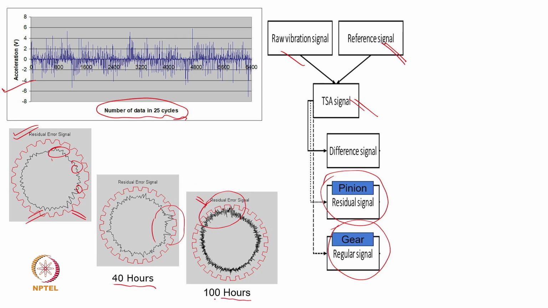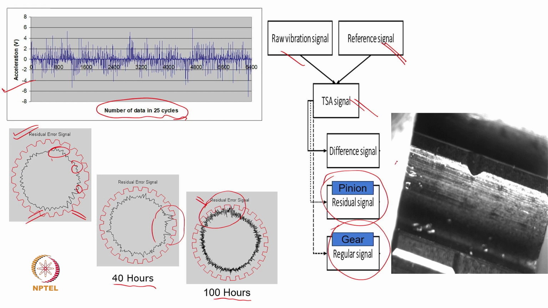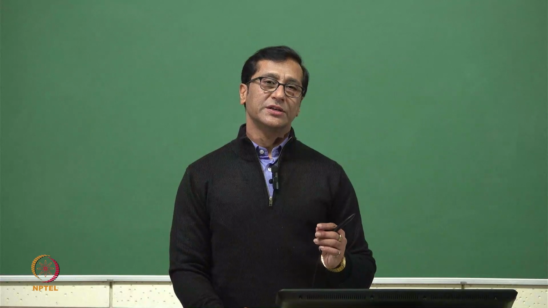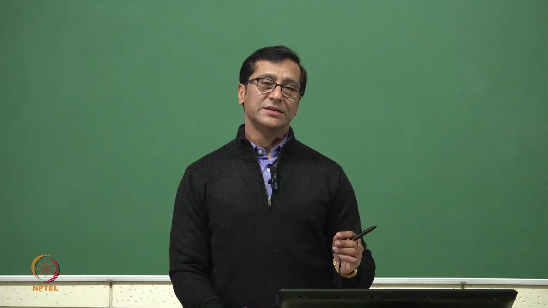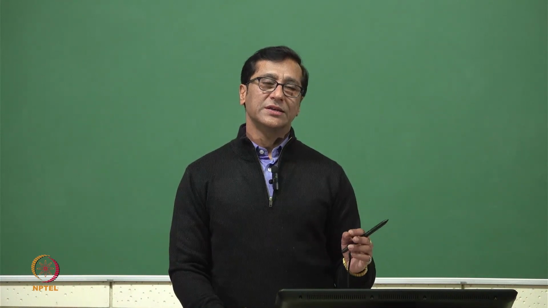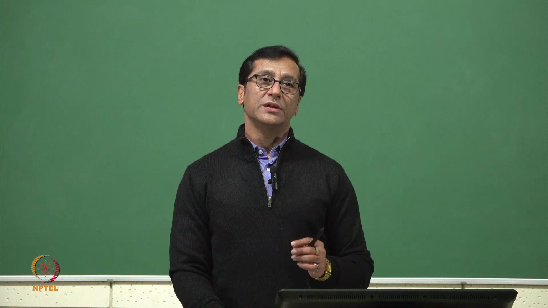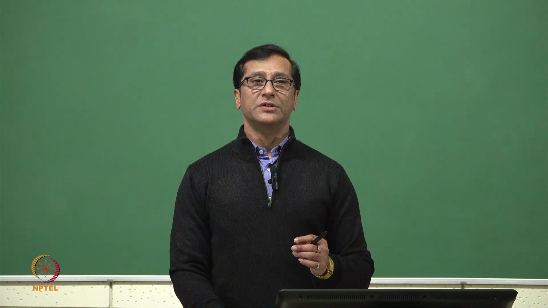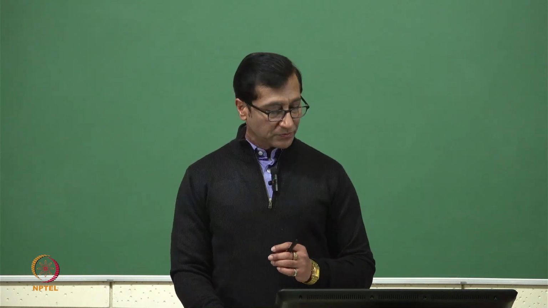After 100 hours of operation we opened up, and we found some sort of edge loading and some sort of pitting formation that has occurred in these spaces. So this is important to understand. We are getting only the residual signal and plotting the residual signal in the frequency domain, and that really gives us some sort of response.